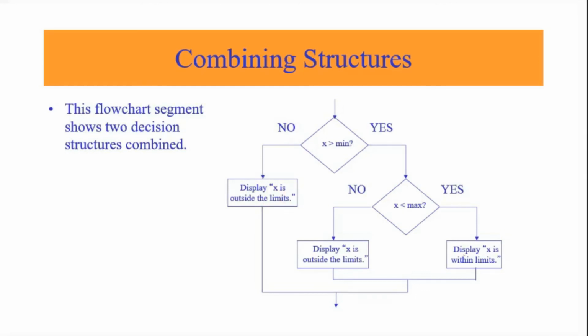So this is how we combine the structures: the output of a particular control element in the flowchart is taken as the input of another control element. That is how this is being combined.